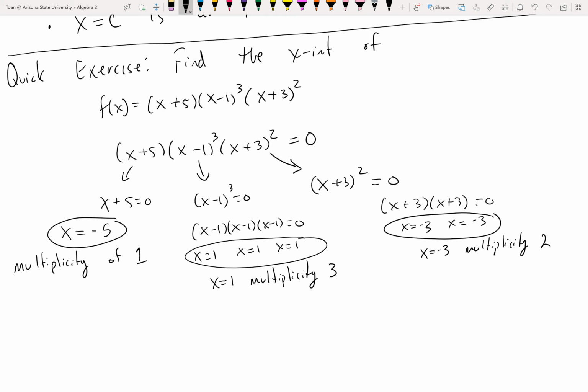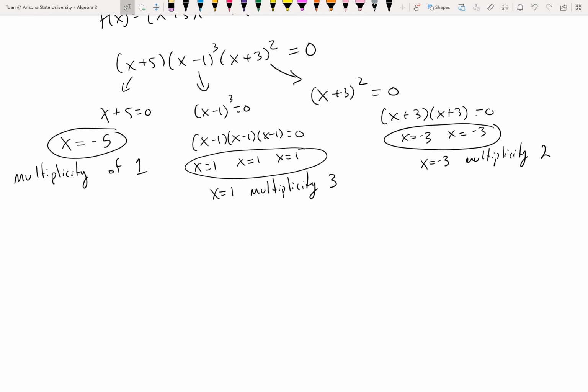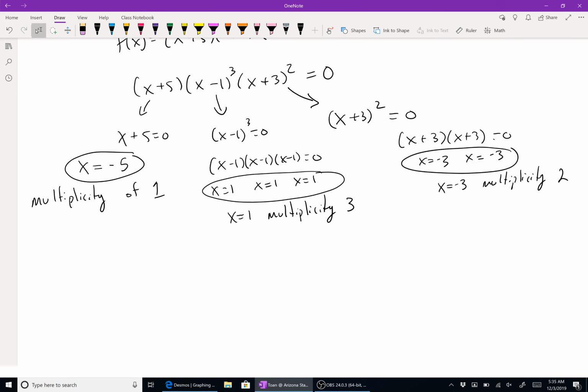What do these multiplicities do to the x-intercepts? Well, the easiest way to see that is to simply graph it. I have a computer here, so I can use Desmos. If you have a graphing calculator, I would use a graphing calculator. If not, just take a look at what the picture looks like and hand sketch it in your notes. I already did it beforehand.